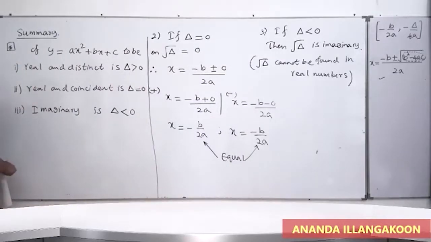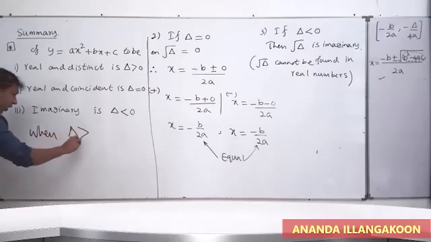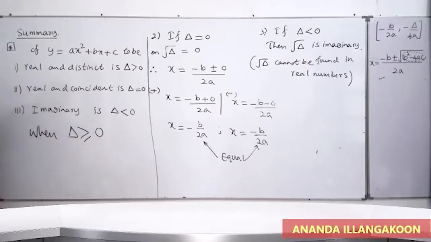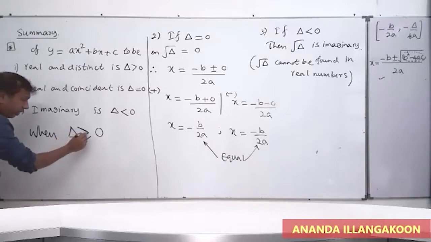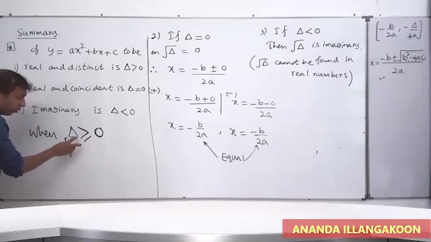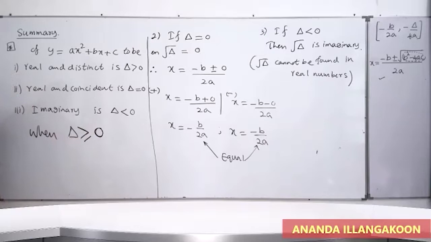Therefore, when delta greater than 0 or equal to 0, we write these 2 together like this: delta greater than or equal to 0.